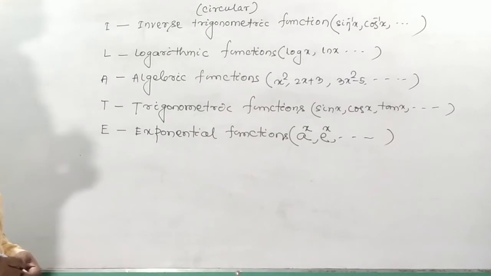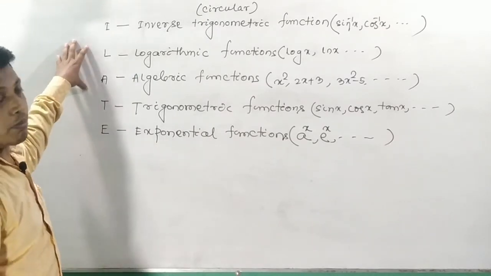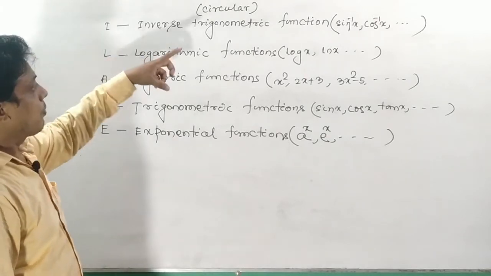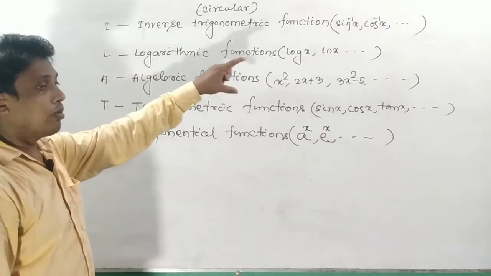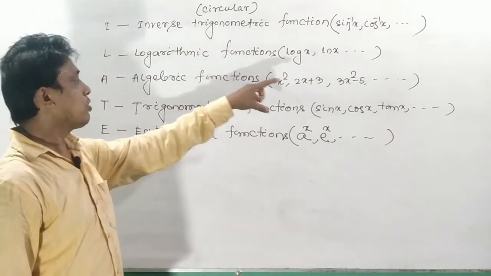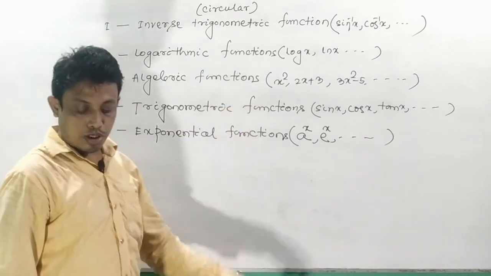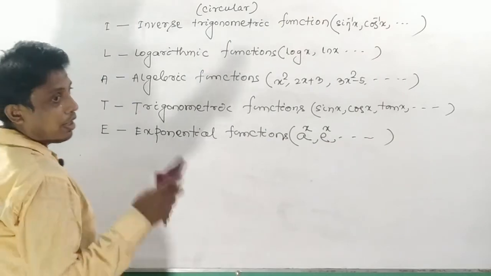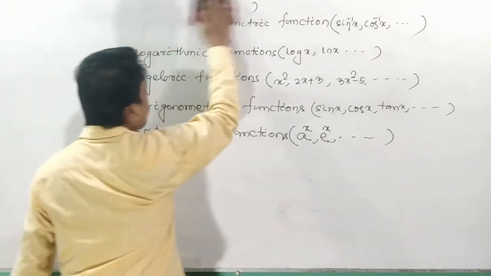So first we have to choose the first function and the second function by this order. Highlight: the first is your inverse trigonometric function, then logarithmic function, then algebraic function, then trigonometric function, then exponential function. You should always keep this order in mind.